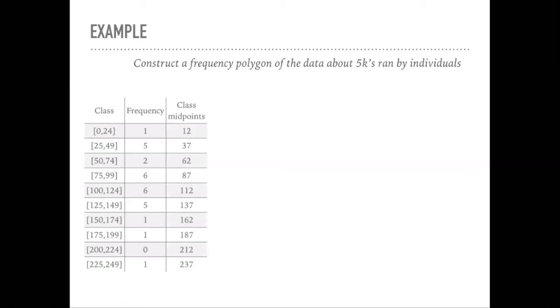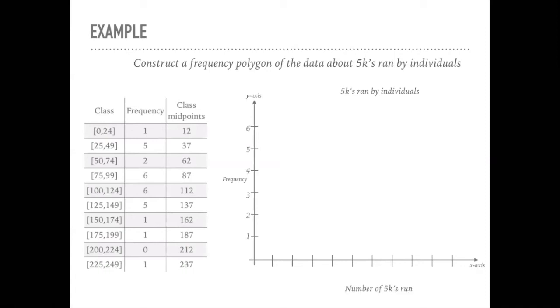And then again, we're going to go through and draw our graph. So we have our axes labeled, we have a title going on. Make sure that we get all of these details in there. And then we have our x-axis with our midpoints listed along it.